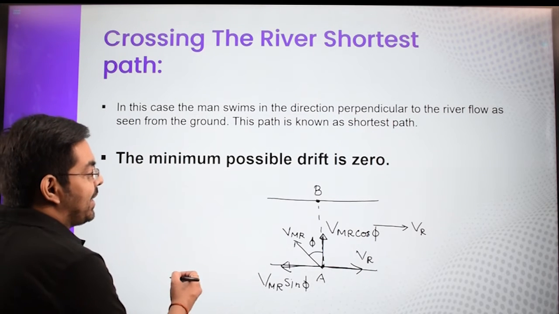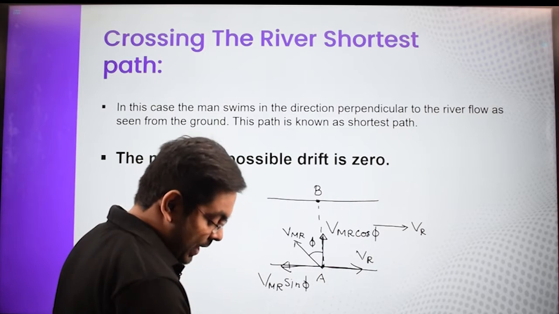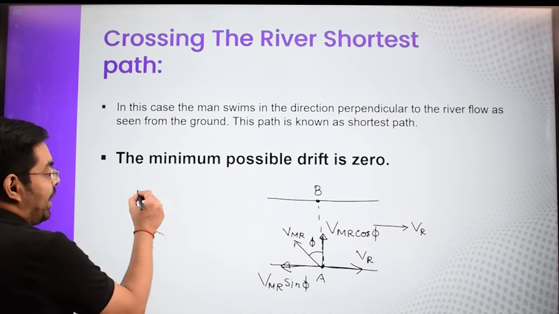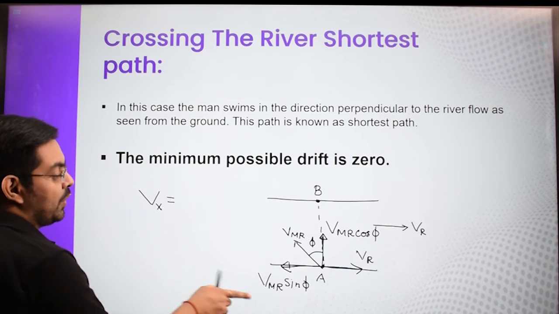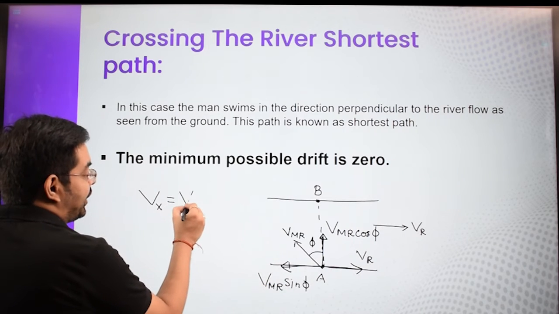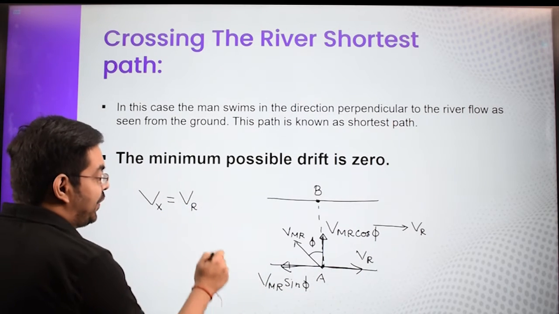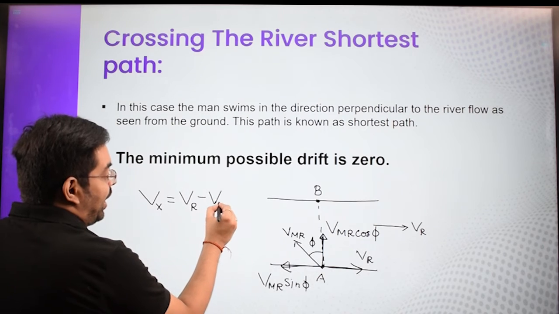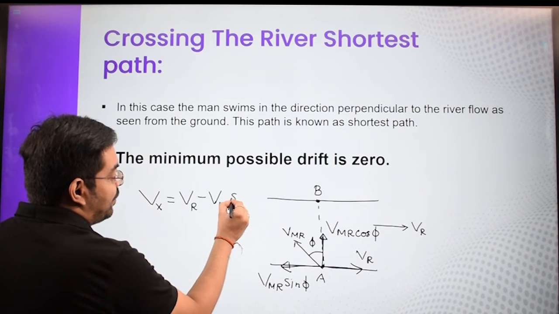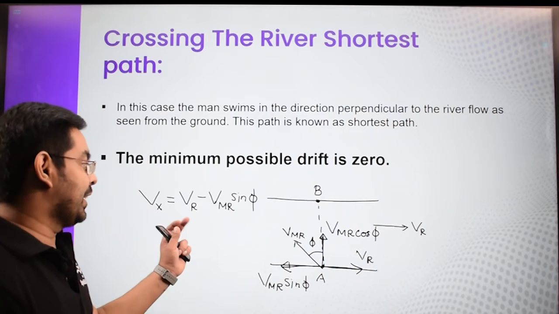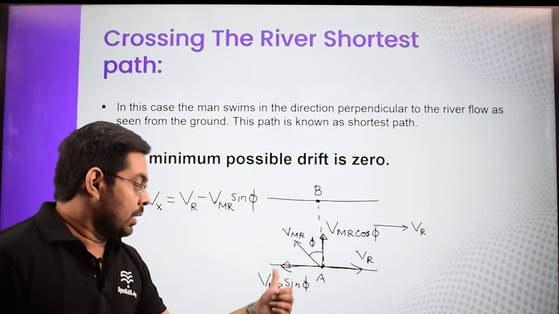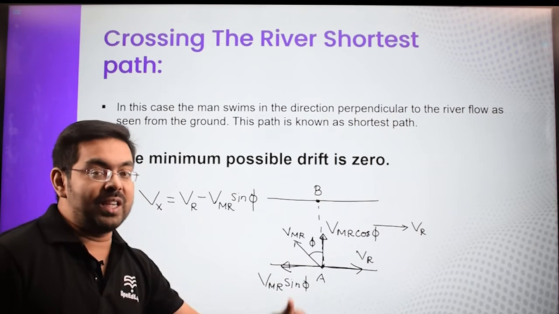In the x direction, his net velocity will be Vr in the right direction and Vmr sin phi in the left direction. So I have subtracted Vmr sin theta from Vr.